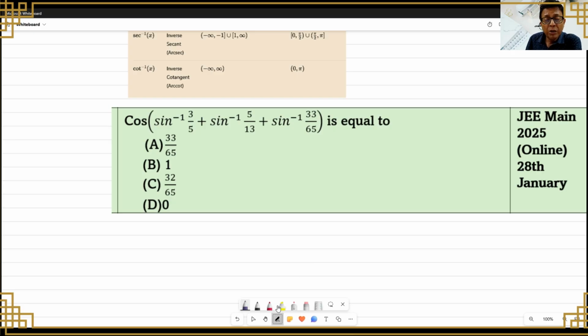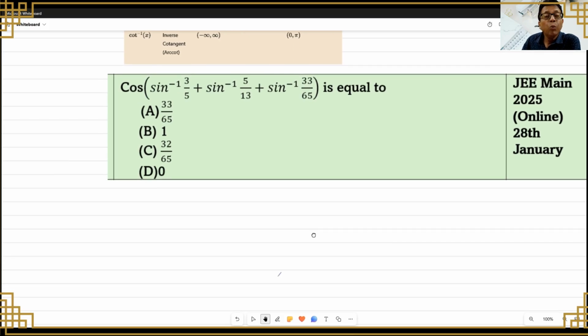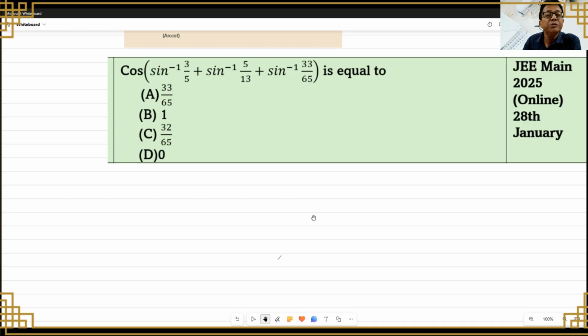I hope all of you remember how to convert one inverse trigonometric function to other. So my suggestion for this sum will be to change all sine inverse things into tan inverse.